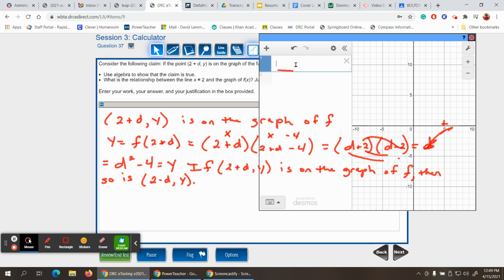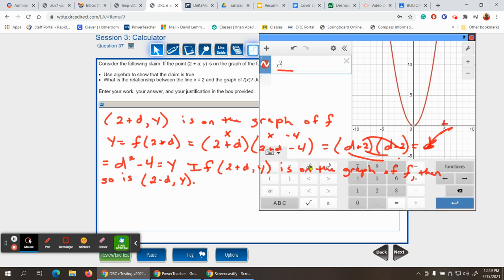So let that be x squared, minus 4. If I plug this in, it says, what is the value of x?